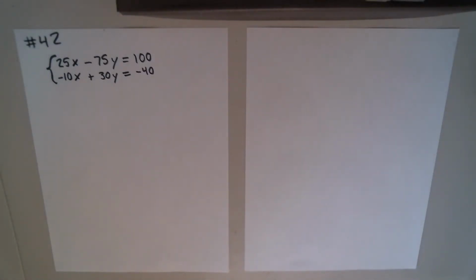In this video, I will be talking about question number 42 from the homework in section 5.1. I saw that a lot of you did this problem and ended up with an answer that was somewhat correct or close to being correct, but it wasn't quite right.